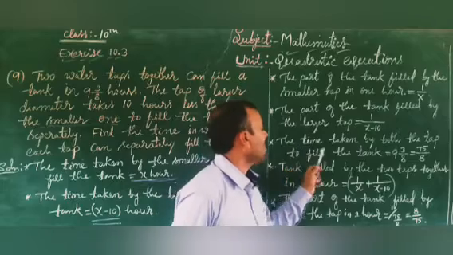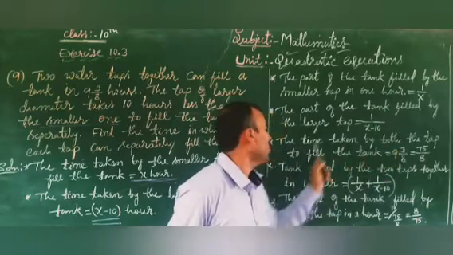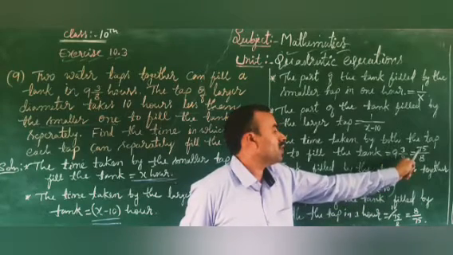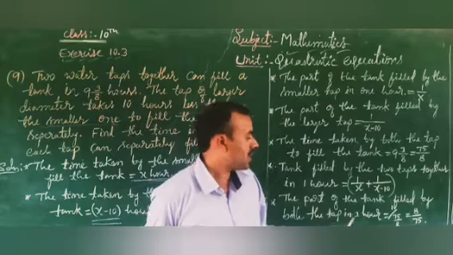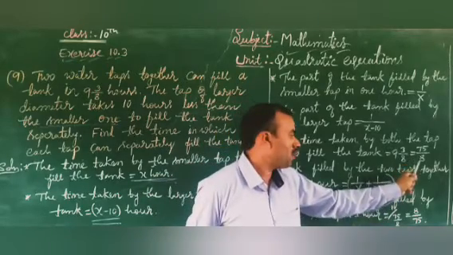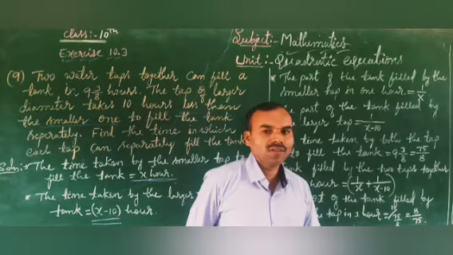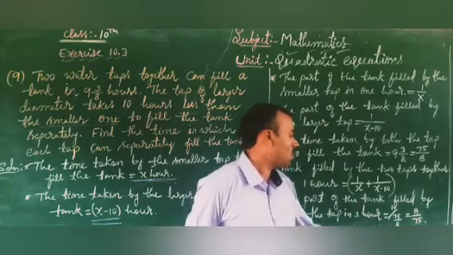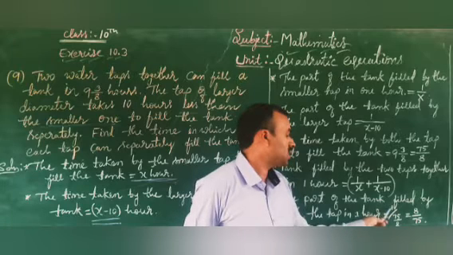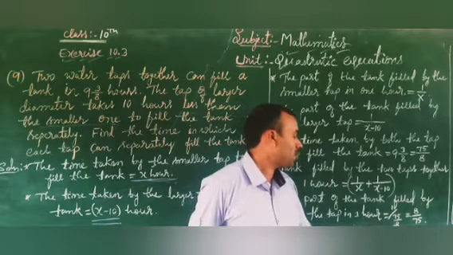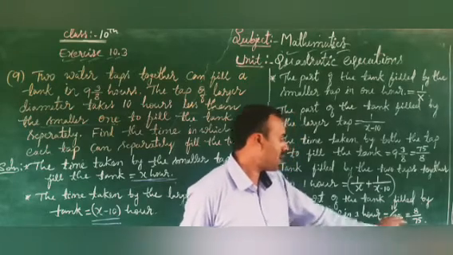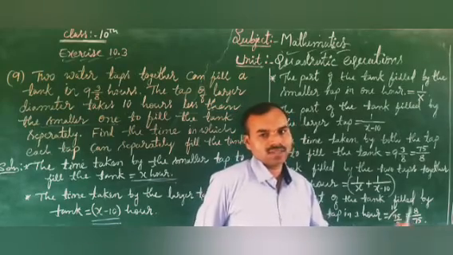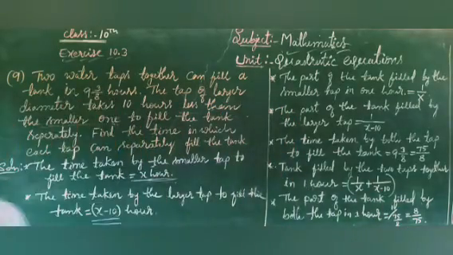The time taken by both taps is 75 by 8 hours, so for 1 hour we take 1 divided by 75 by 8, which on taking the reciprocal is 8 by 75.